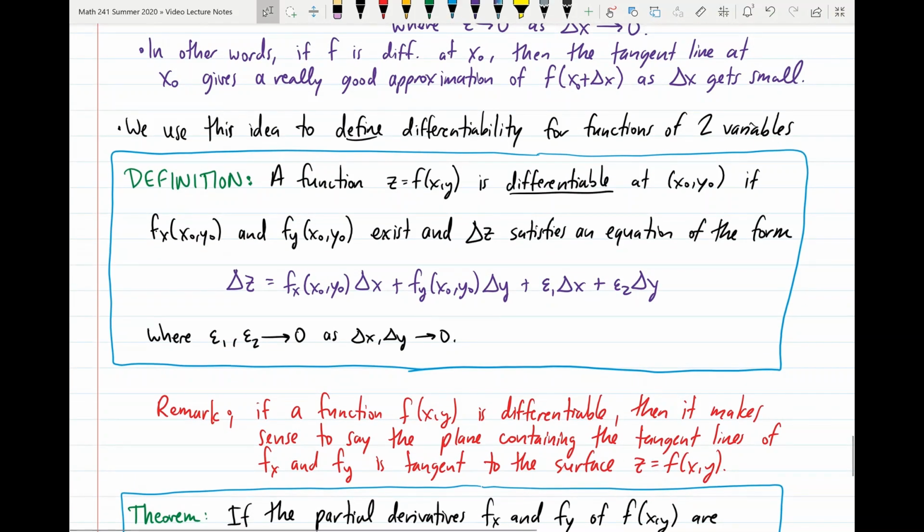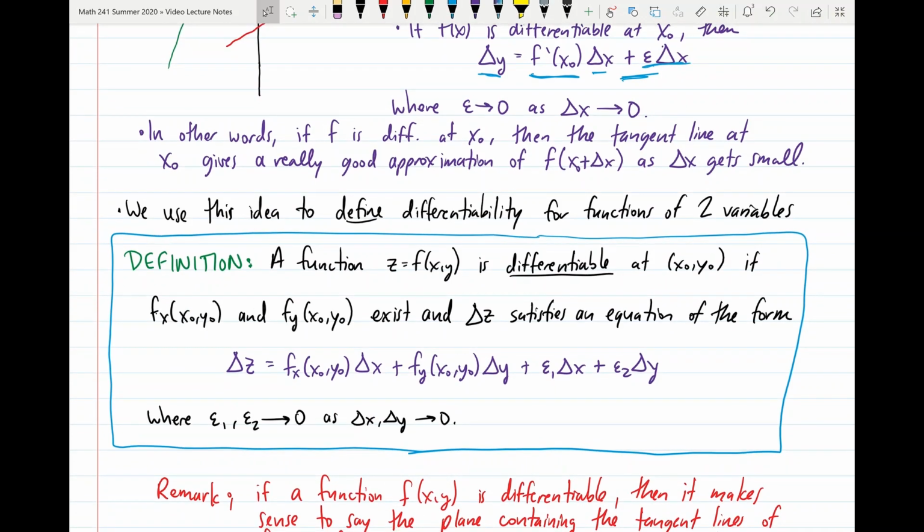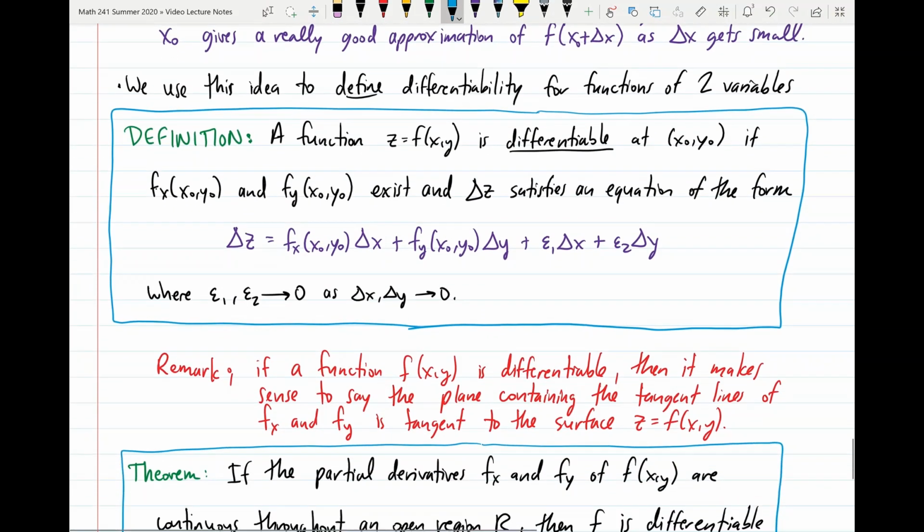You can see from this equation that this is a generalization of the equation that we have up here. We're just adding delta y, as well as the partial derivative with respect to y.